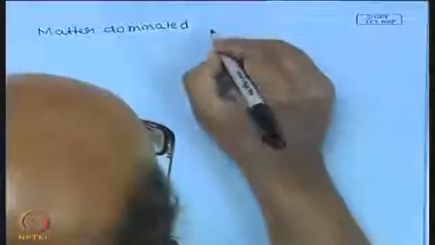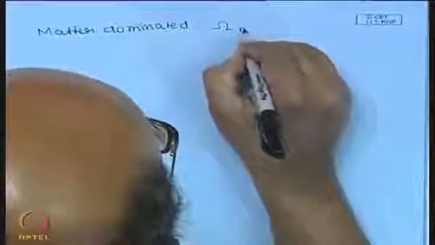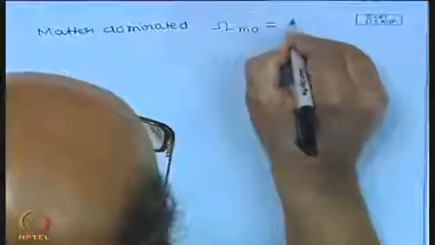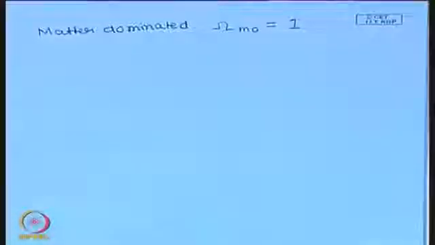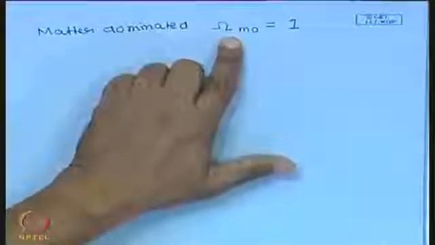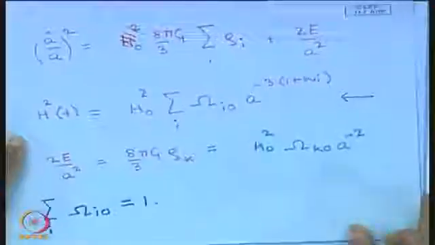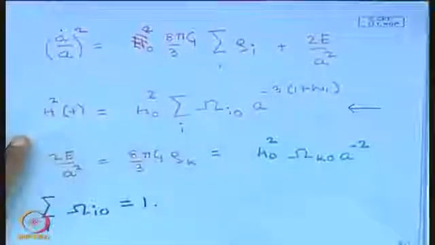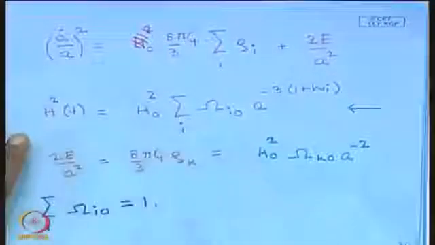So, we will assume that omega matter naught is 1. There is only matter in the universe, nothing else, dust, pressureless matter like the galaxies that we have. There is no cosmological constant, curvature, etc. So, this is a very simple situation and it gives us considerable insight into what happens.